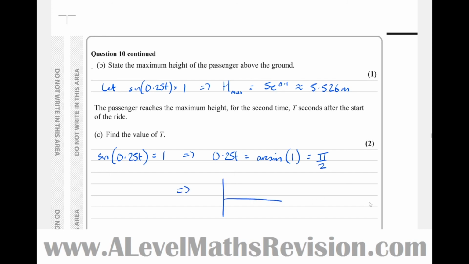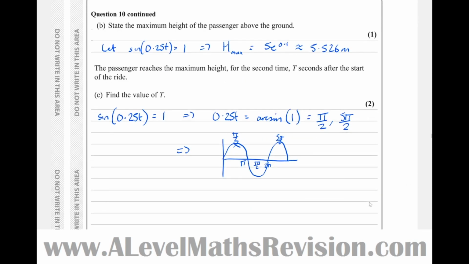So I draw the graph quickly, rough as you like. So the next time it's there again. So that was pi over 2. Pi, 3 pi over 2, 2 pi, and then there's 5 pi over 2 is the next time. So 5 pi over 2, which means that t equals 5 pi over 2 divided by 0.25, which is equal to, well, dividing by 0.25 is the same as timesing by 4.